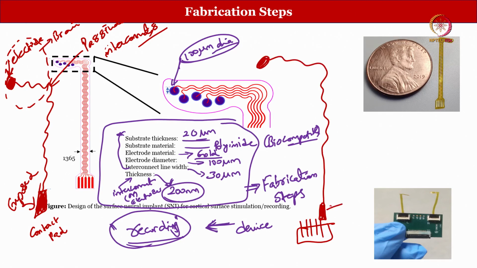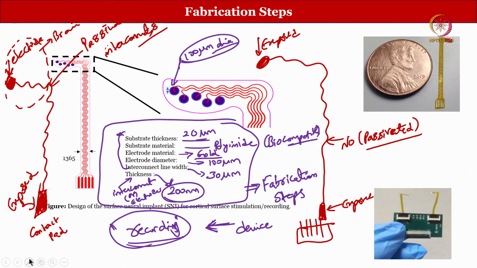So this should be exposed and this electrode area should be exposed. Interconnects, no, they have to be passivated from electrical connection. You understood? So, now what is going to be here is this.